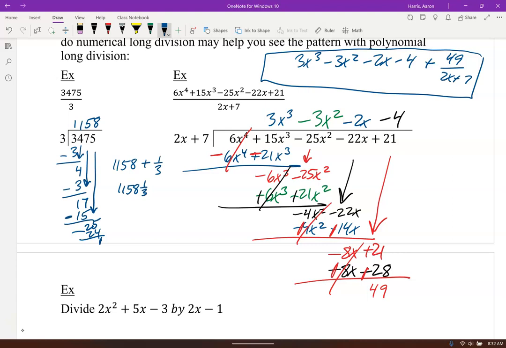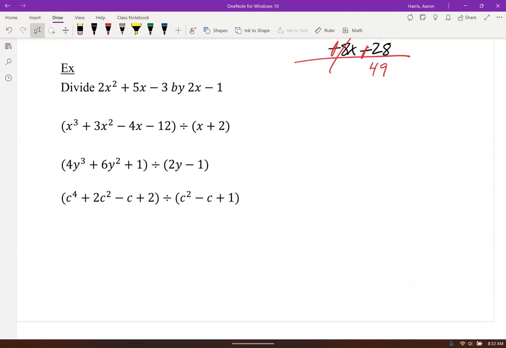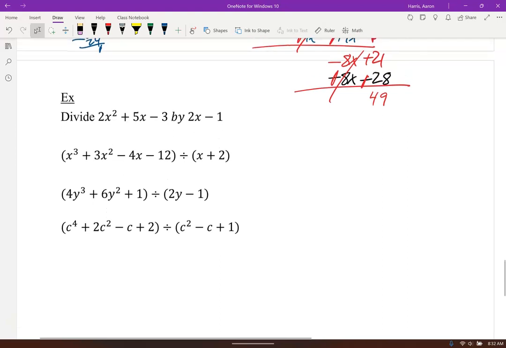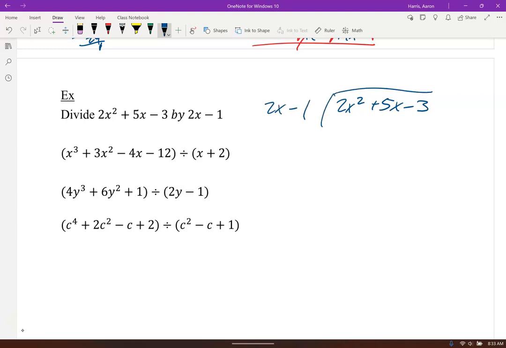All right, let's go ahead and do a few more. Similar, here's our first one. Let's take 2x squared plus 5x minus 3 divided by 2x minus 1. Okay, so the question is, what times 2x gives me 2x squared?